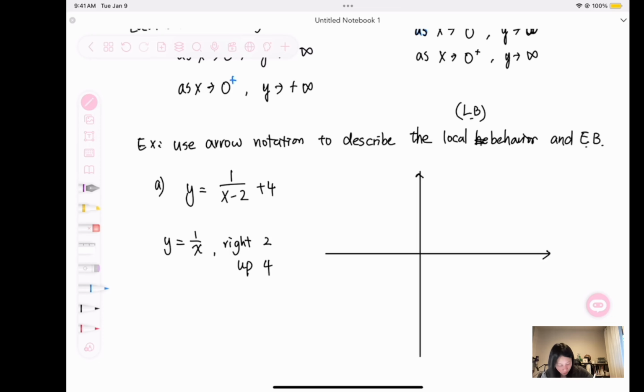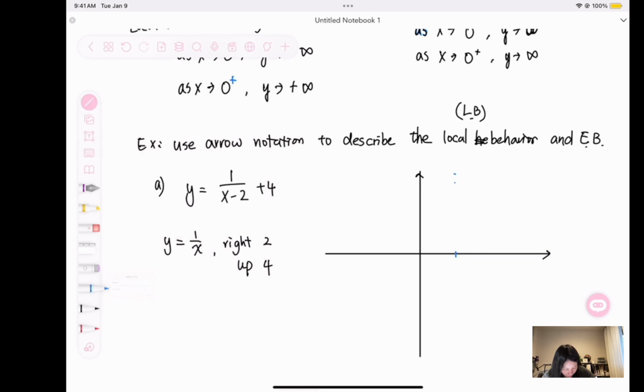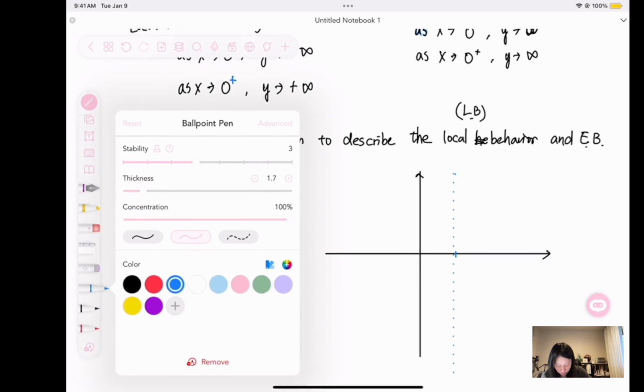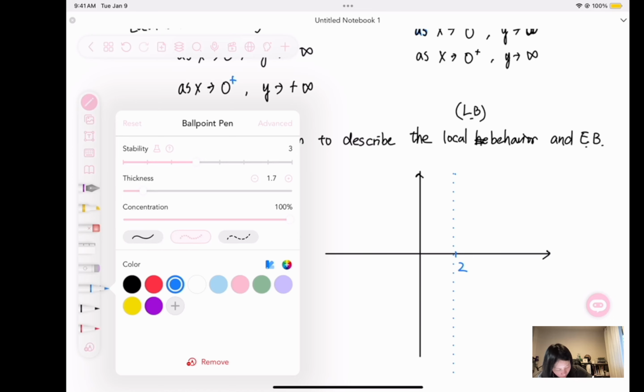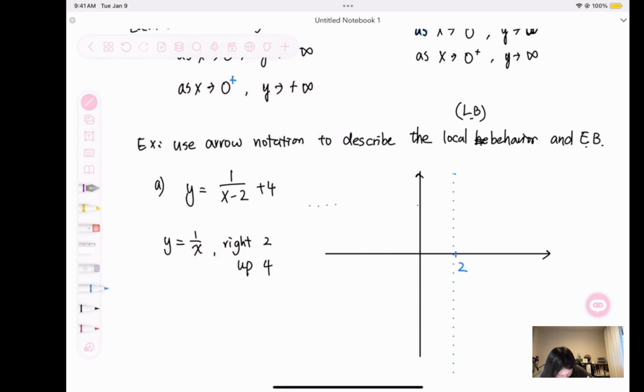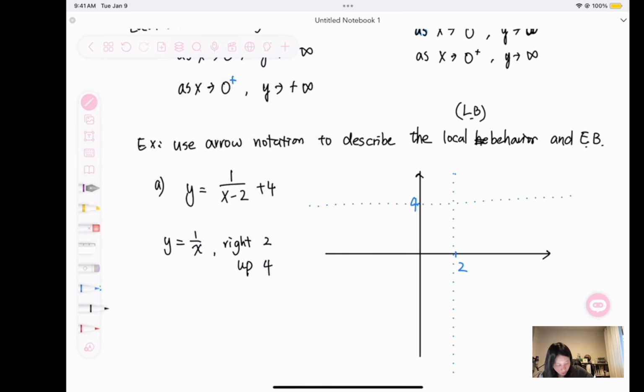Right 2 means the vertical asymptote moves to x equals 2, and up 4 means the horizontal asymptote moves to y equals 4. So here's the asymptote, and this is going to be 4. Our function looks like this.